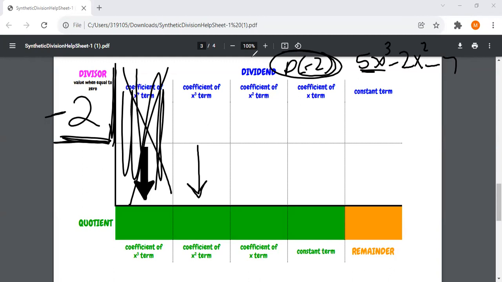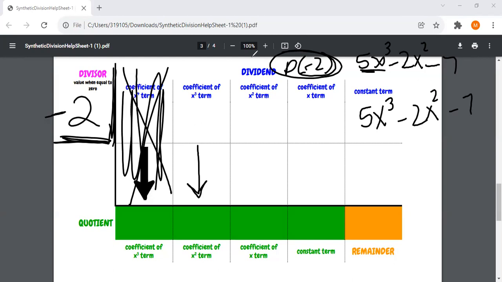Let me rewrite the problem so that it's a little easier to read. So what is the number next to the x cubed? It's not a trick, Veronica.